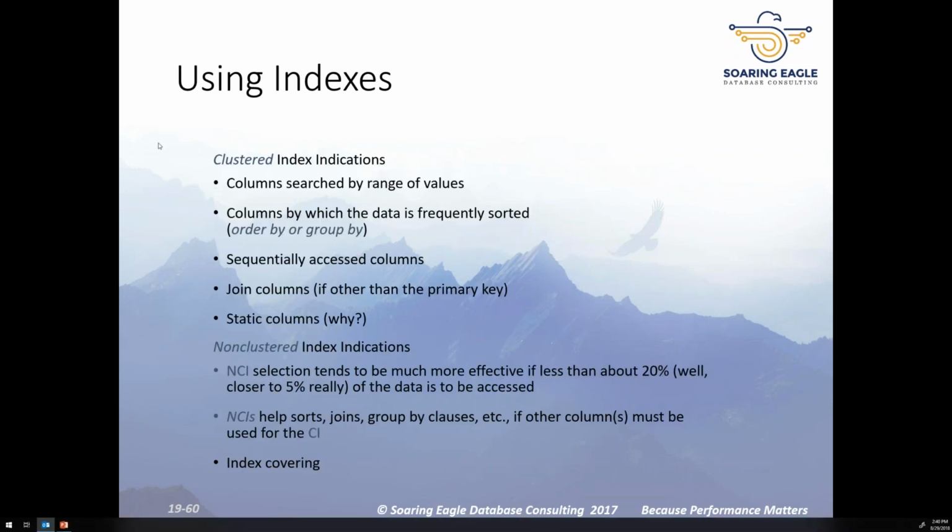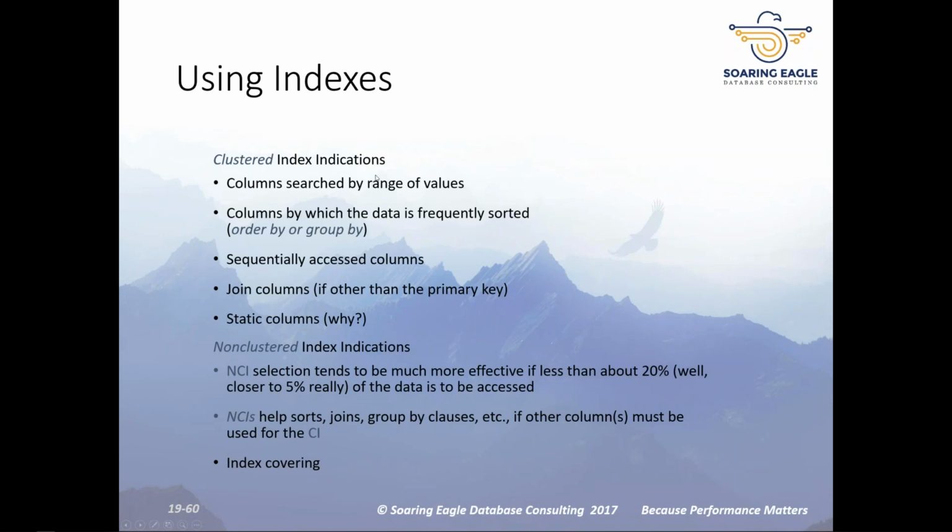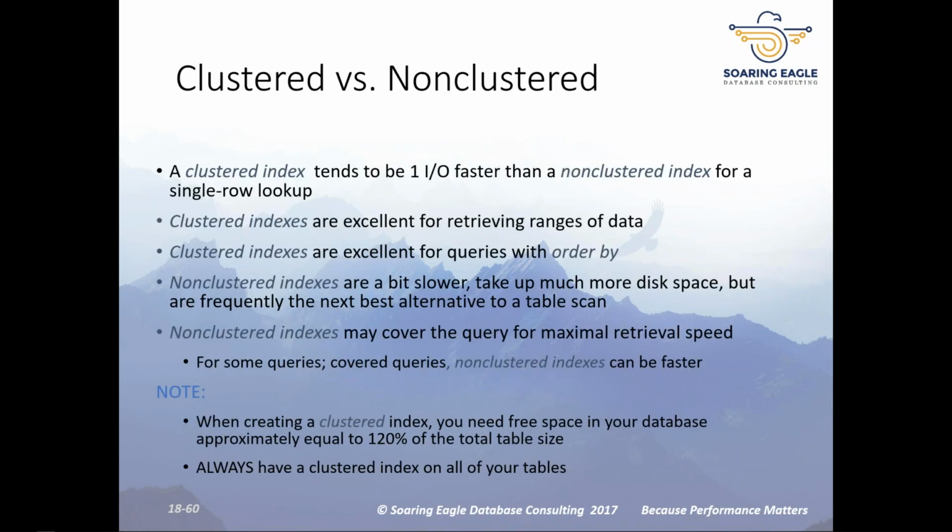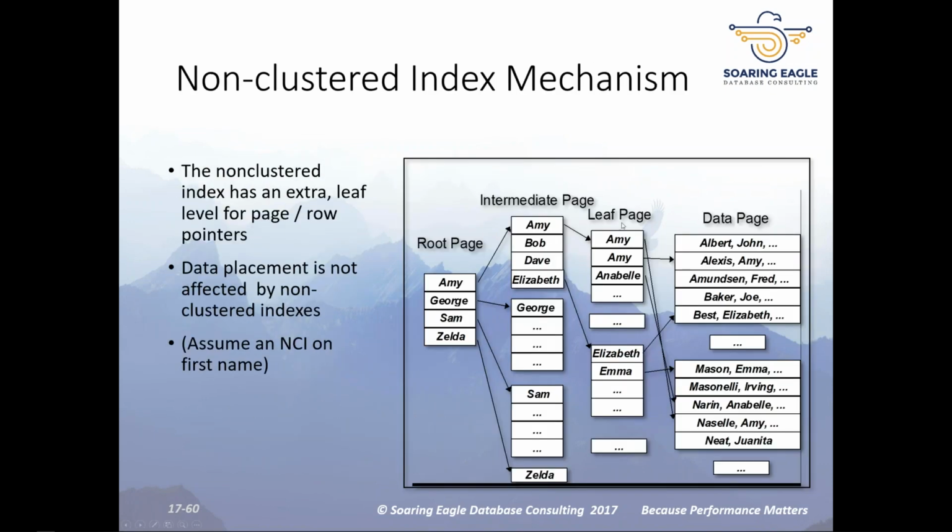So using the indexes, clustered, great for ranges, sorts, sequentially accessed columns, join columns as we discussed with our primary foreign key example with the invoice header and detail, static columns. There's another good one. What happens when Elizabeth Best marries Irving Masonelli?